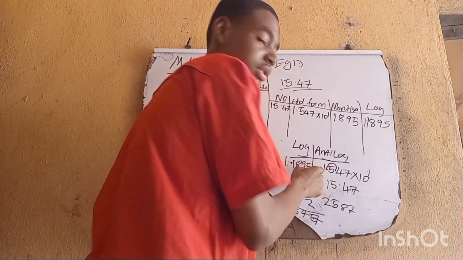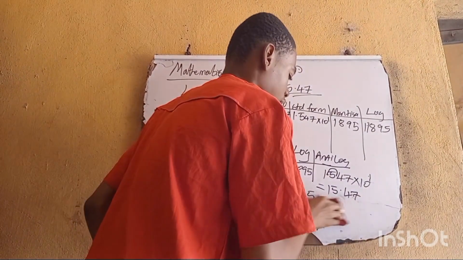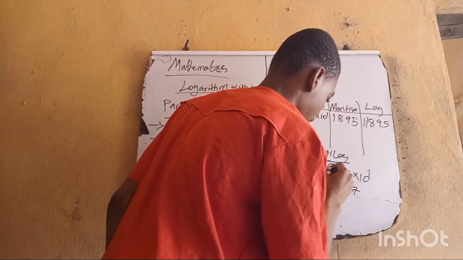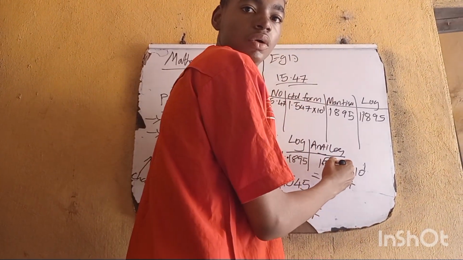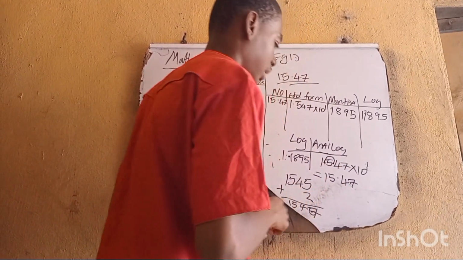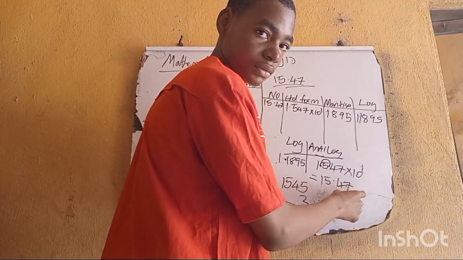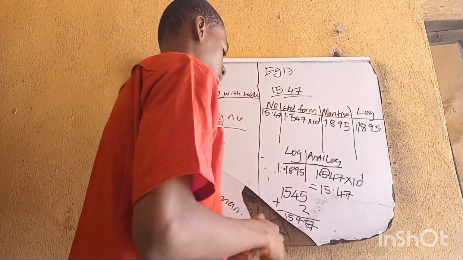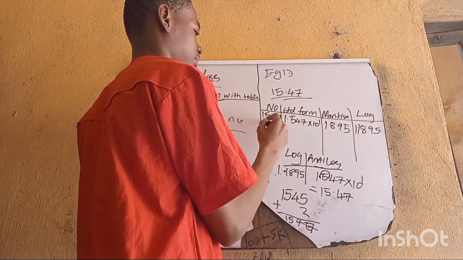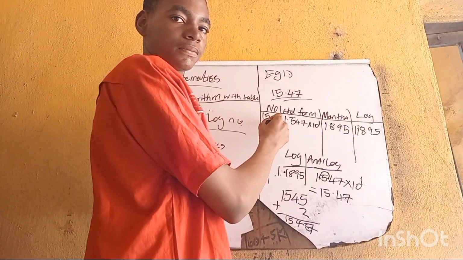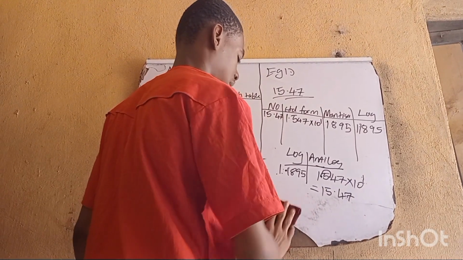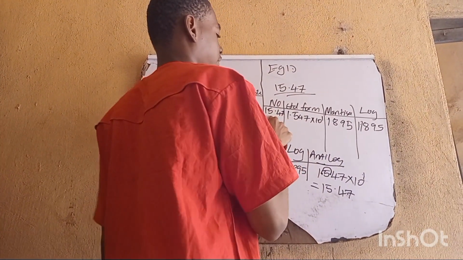So you multiply it by the characteristic, and the decimal point moves one place to the right. We will have it as 15.47. That is how to find the antilog of this number. Now we've succeeded in finding the antilog and the logarithm of 15.47.